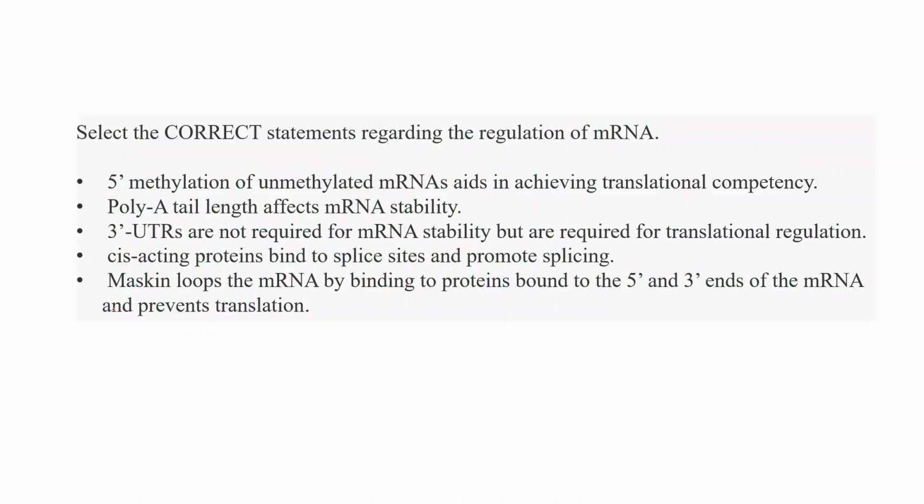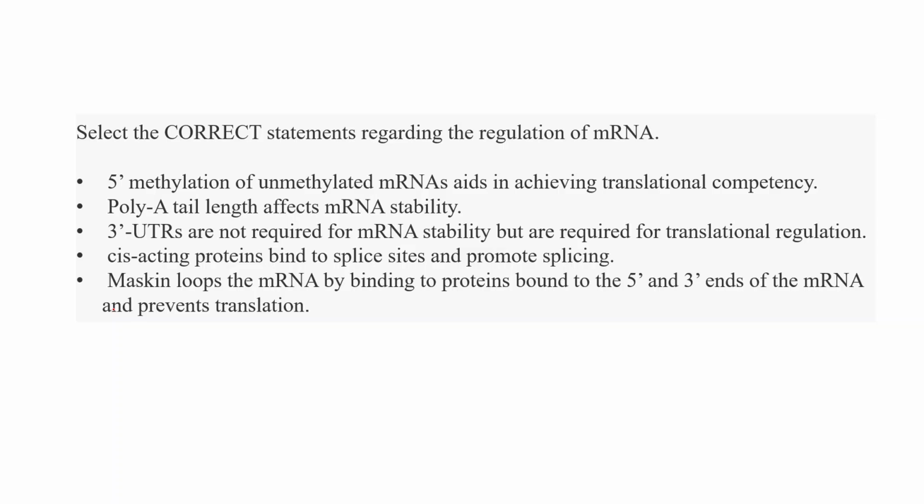So obviously, 5' methylation of unmethylated mRNA aids in achieving translation competency. Yes, because some of the methylations, for example H3K4 trimethylation, which are present at the promoter sequences, help in achieving the transcriptional competency.